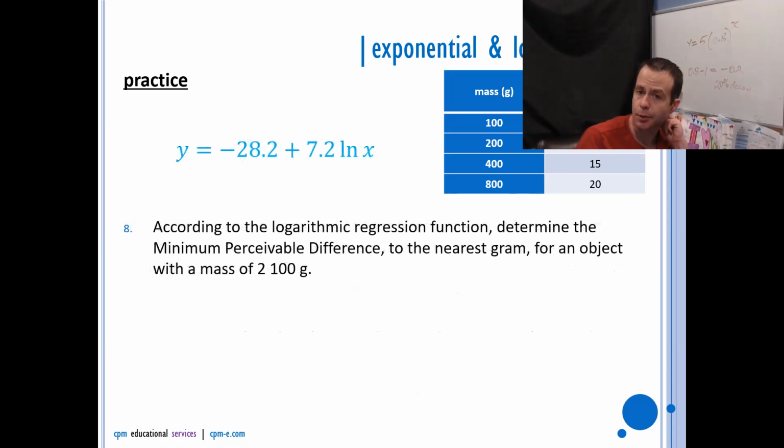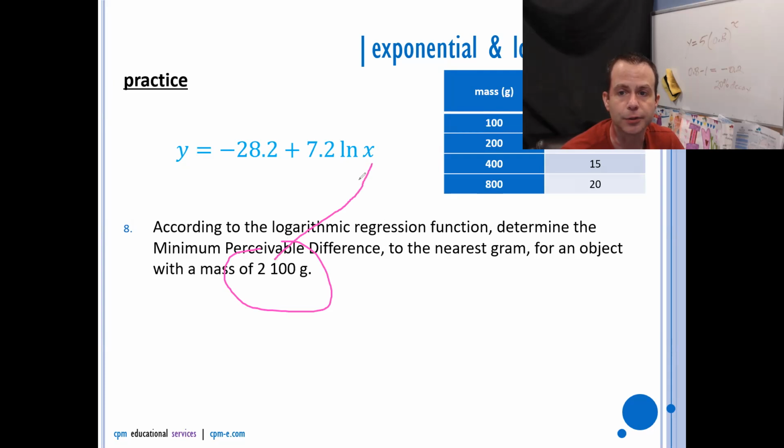Now, I just put the equation up top there for you, but the next question says, according to the logarithmic regression function, determine the minimal perceivable difference to the nearest gram for an object with a mass of 2100. So you were given a mass of 2100. Is that 2100 an X value or a Y value?